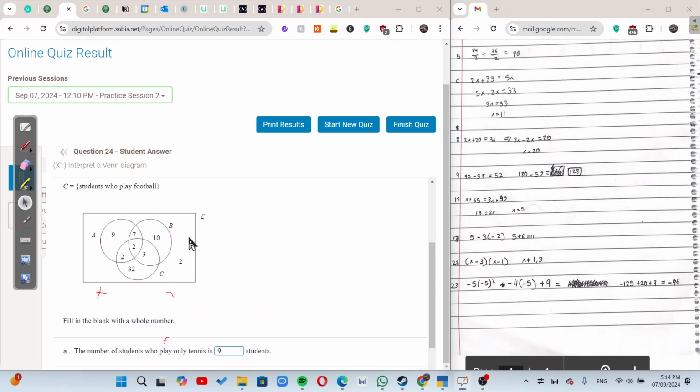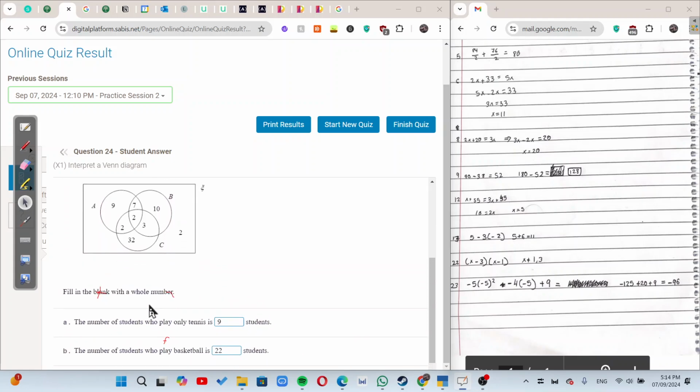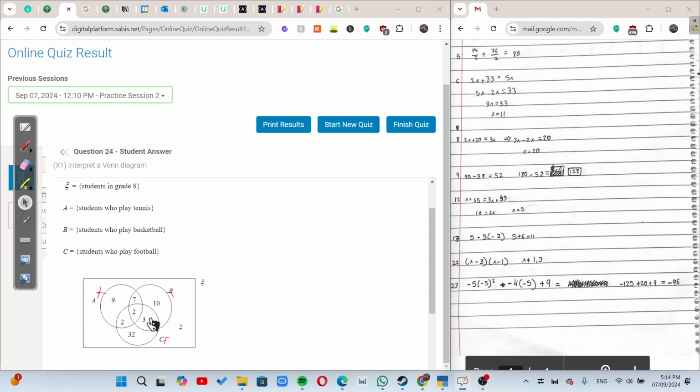So now you start solving, and you see. The first question is asking you the students who play only tennis. So you need to see which students only play tennis. If you know the Venn diagram, you know that the 7 here means that both A and B play tennis. And this means all three of them play all three sports.